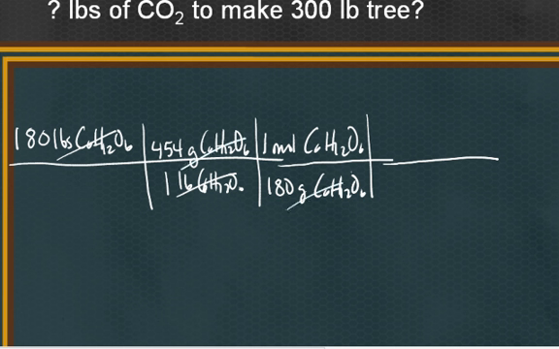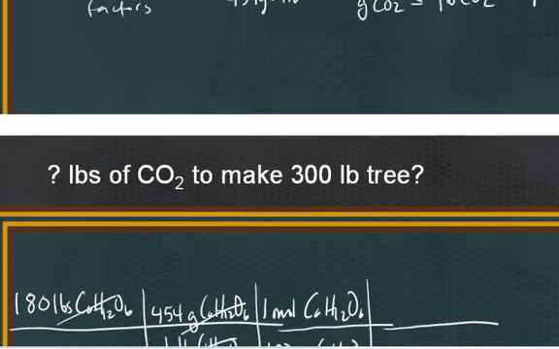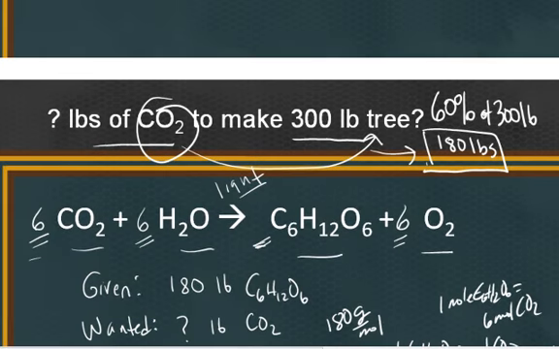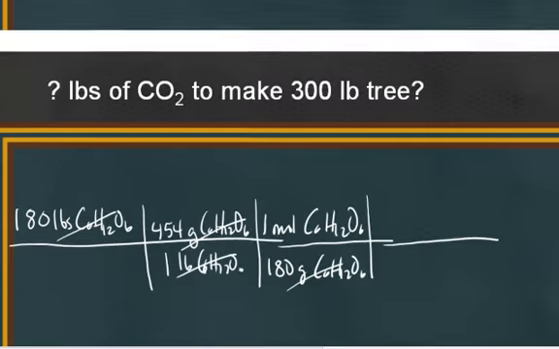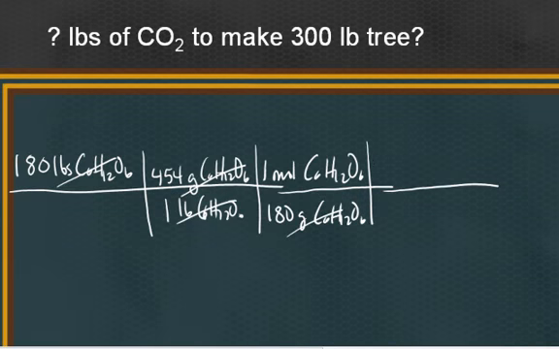Now we're in unit moles. Across the chemical change, let's look at that real quick. Here we go. It is 6 moles of carbon dioxide for every 1 mole of glucose produced, so it's a 6-to-1 molar ratio. We're converting to moles of carbon dioxide, so we'll put the 6 moles of carbon dioxide on top. We're canceling the moles of glucose there.